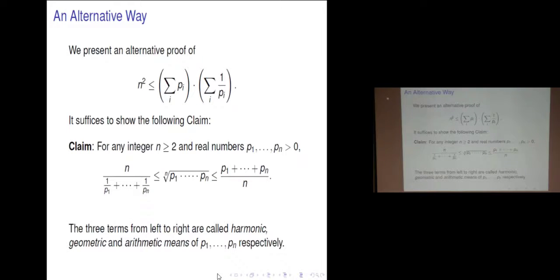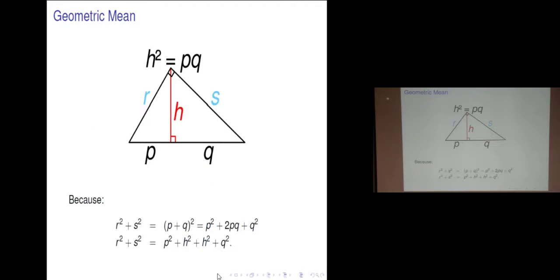The average is called the arithmetic mean. When we have two numbers, the geometric mean actually has a geometric interpretation. Let's see, I want to convince you. Sorry, the setting was you give me p and q.